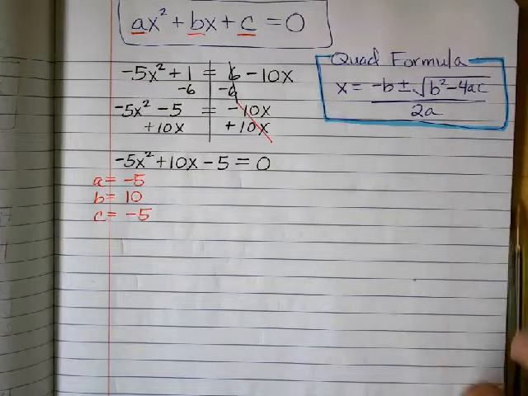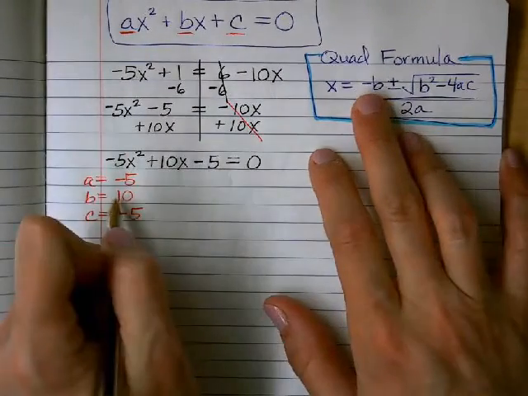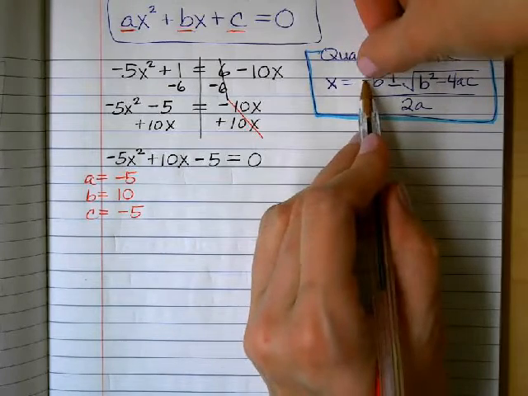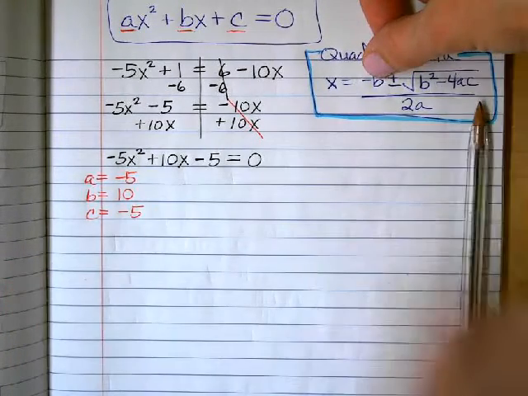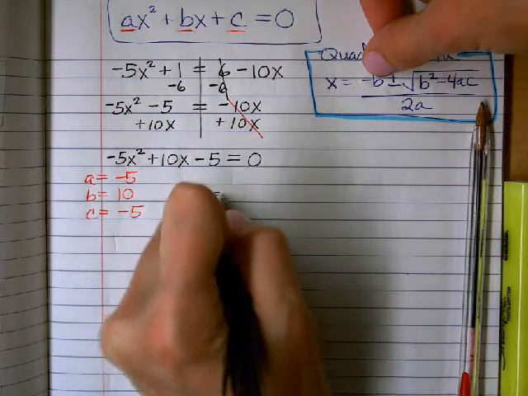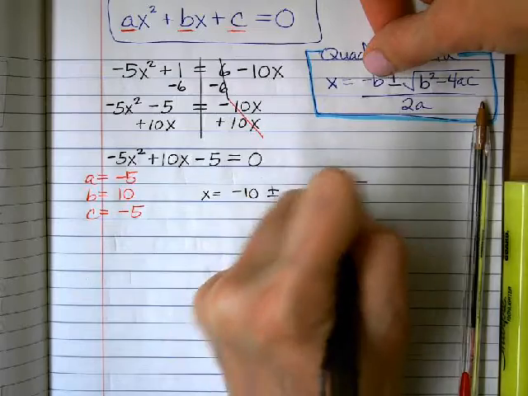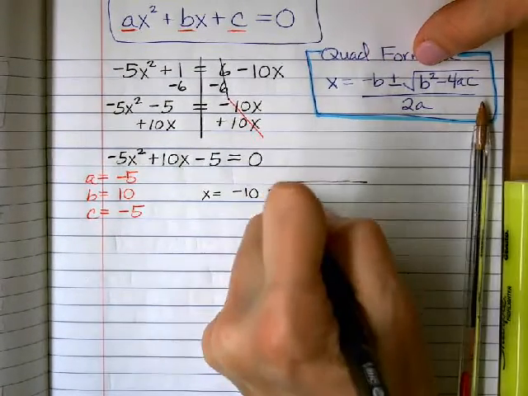So negative b, see, it's like opposite. Like if it says minus b, that means put the opposite of what b is. B is 10, so it'll be negative 10. It'll start off: x equals negative 10 plus or minus square root. Then you have to do 10 squared minus 4 times a.